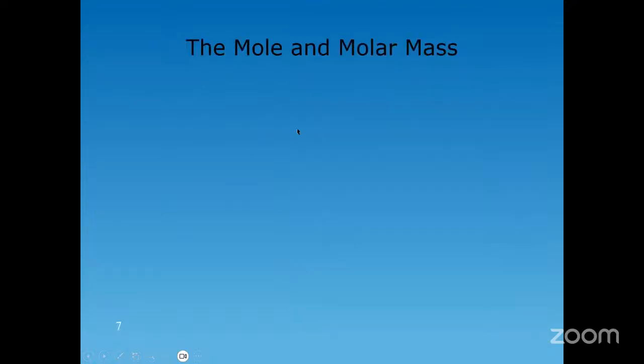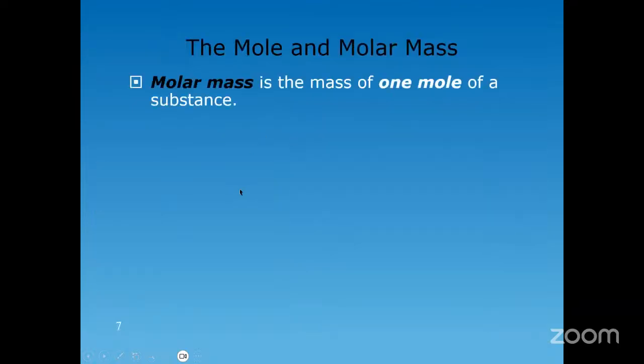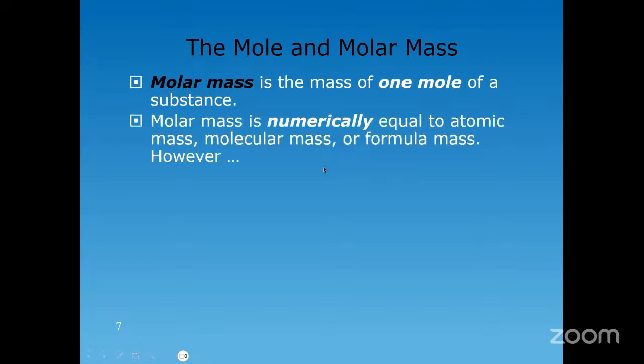So this brings us now to the concept of molar mass, right? The molar mass, by definition, is the mass of 1 mole of a substance. And it turns out that numerically speaking, the molar mass would be the same as the atomic mass when it comes to elements, the molecular mass when it comes to molecular compounds, and the formula mass when it comes to ionic compounds, all right?